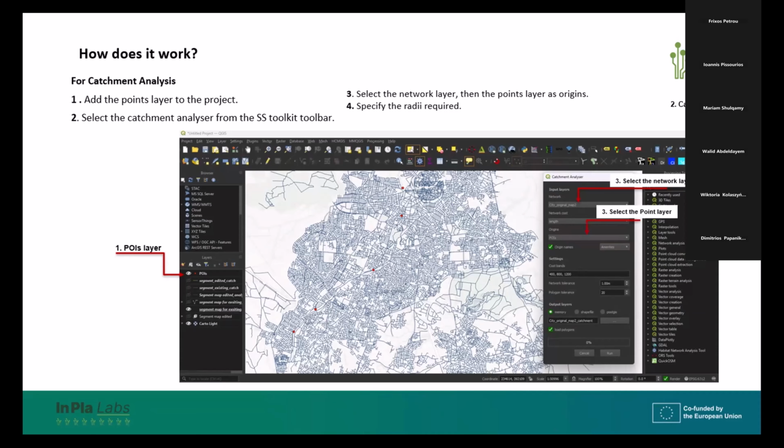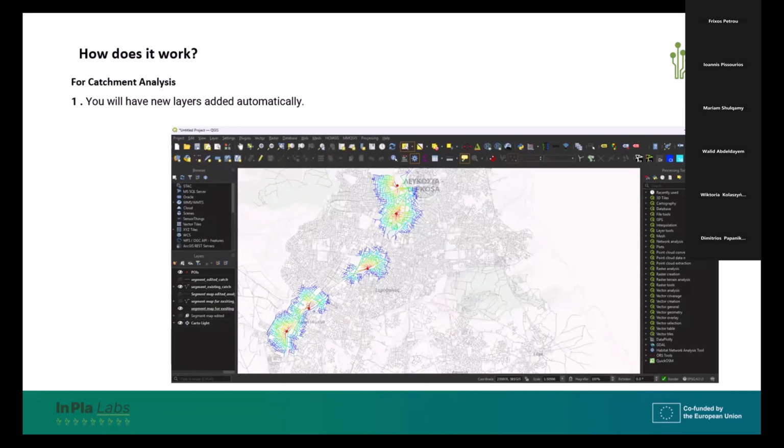And then you select here the point of interest or the origins that you want to analyze. And here you also specify the radius. And just click run. This is a default result that will directly add another layer to your layers with this visualization showing you how you can reach these points.